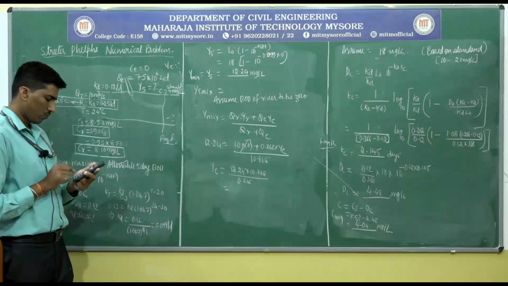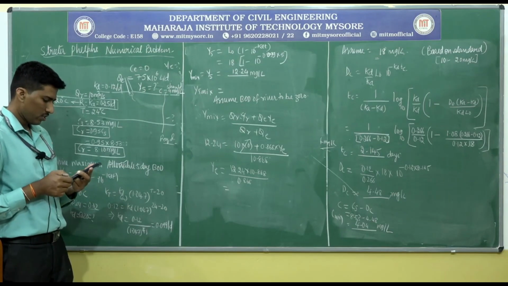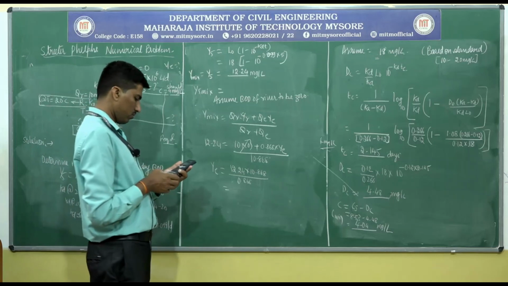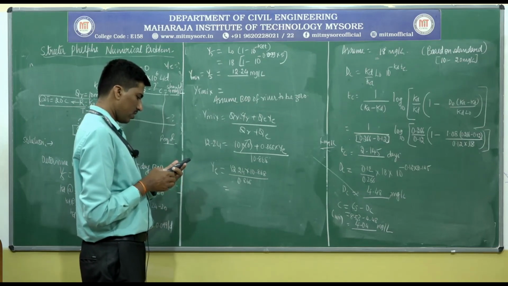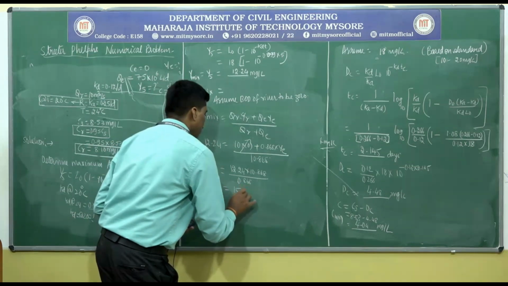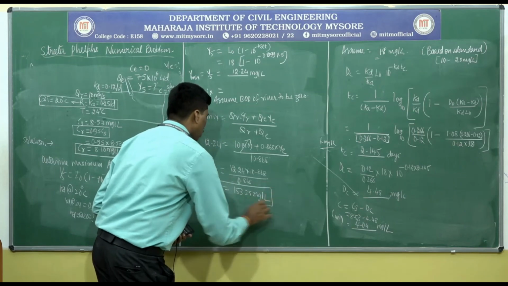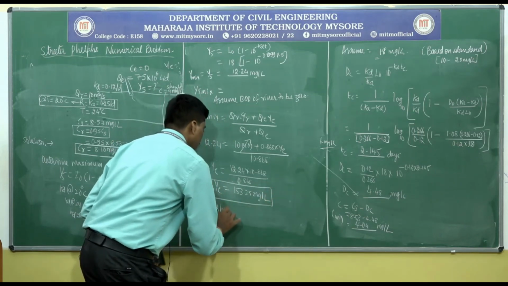So 12.24 into 10.868, 133.030 divided by 0.868 gives you 153.25 mg per liter.